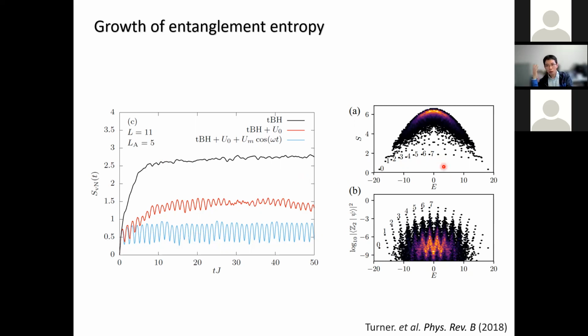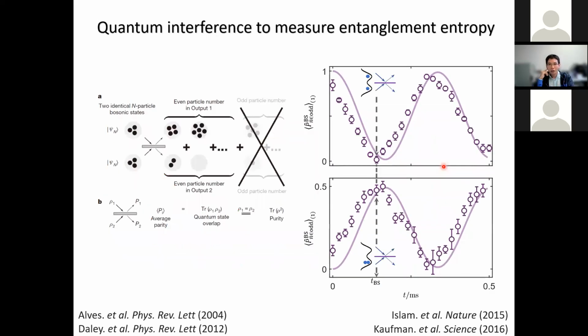But to probe this entanglement entropy in such a huge Hilbert space is very difficult. If you want to do quantum state tomography in this 10 to the 28th Hilbert space, it's just impossible. However, this is made possible by doing this quantum interference. The idea is you're doing this 50-50 beam splitter operation.